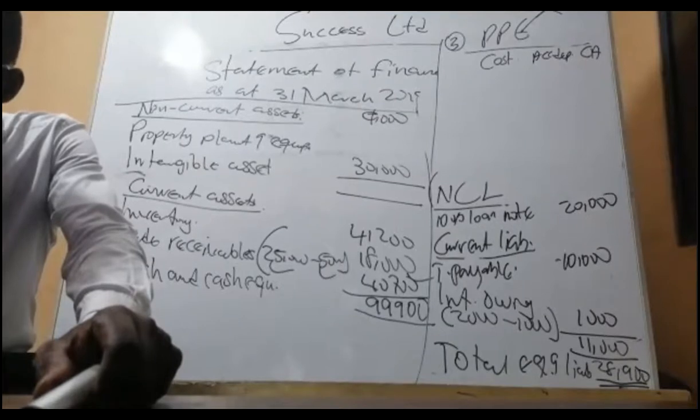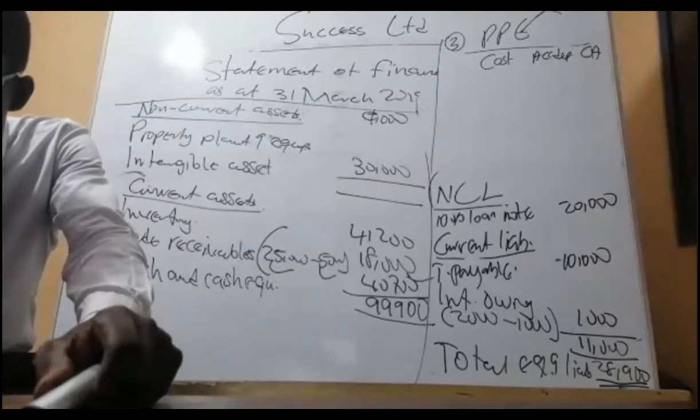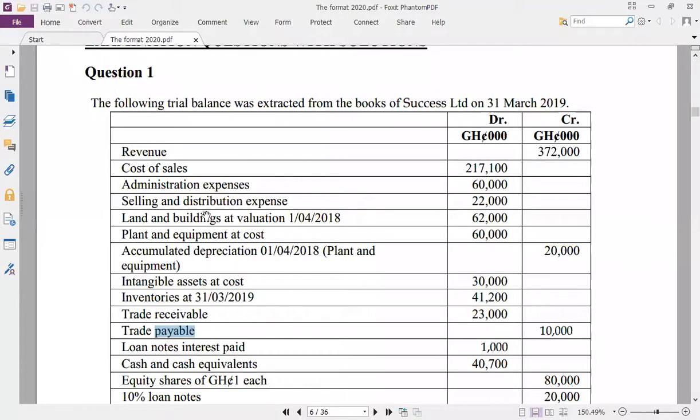No question for me, friends online? So from the trial balance, I can see land and building at valuation 62,000, right? So I'll go and put it there.